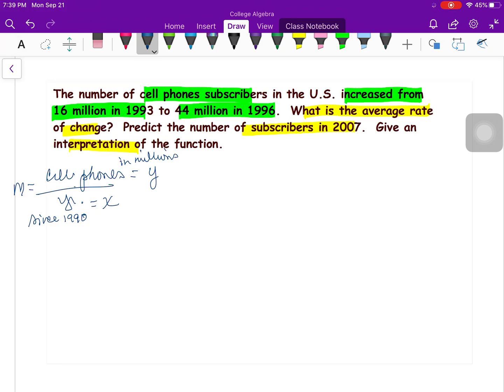This would be (3, 16) and (6, 44). So to find that slope, the difference of my y's over the difference of my x's is 28 thirds, which is 9.3 repeating.